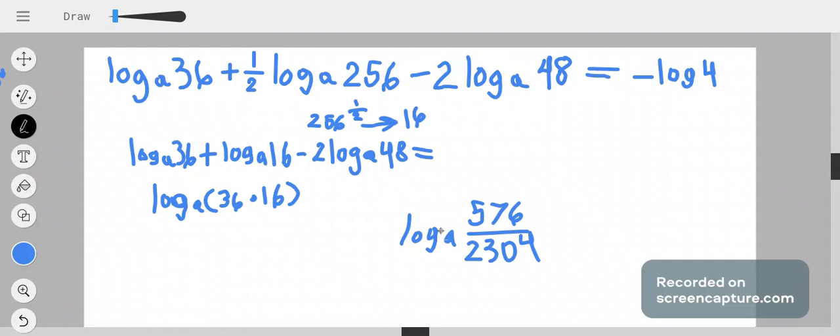So what would that give us? I also know that that would give us 1 over 4, which would technically be written as log A 1 over 4.